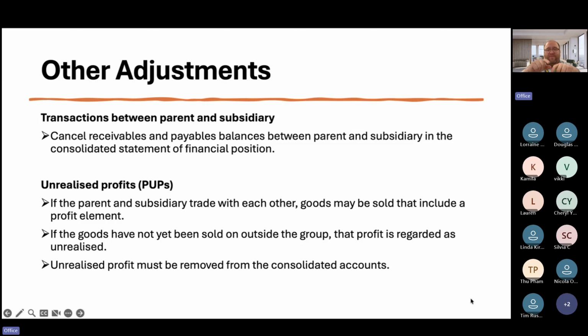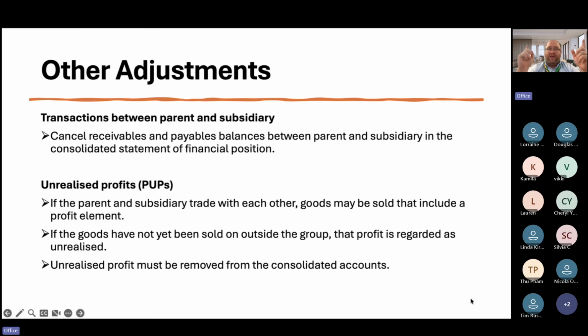Cancel receivables and payables balances between parents and subsidiaries. It doesn't matter who bought from whom or who owes whom. If there's a transaction between the parent and the subsidiary, you need to cancel the effect on both sides. So cancel the receivables and payables balances in the consolidated statement of financial position.